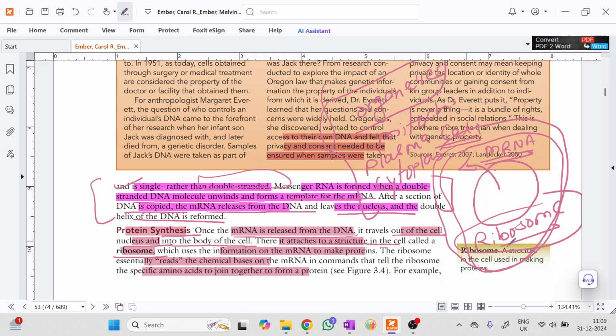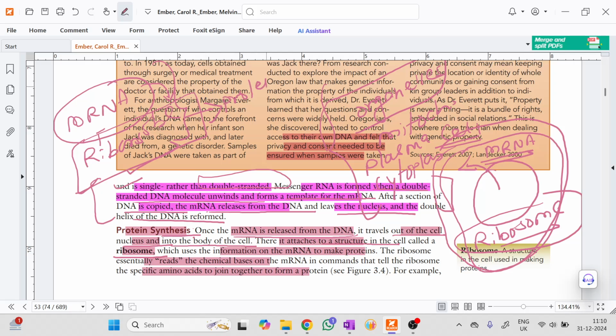So mRNA attaches with the ribosome, and the ribosome copies the code that is being carried by mRNA, and then with the help of that code, makes chains of protein in the form of amino acids and peptide bonds.